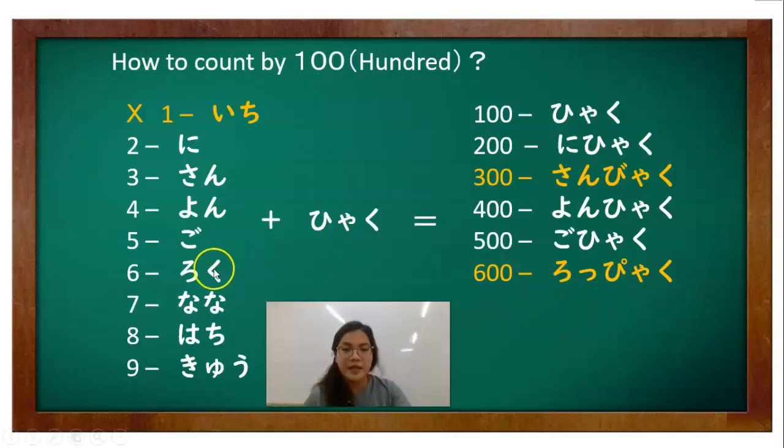Okay, next 700 is nana plus hyaku, which equals nana hyaku.